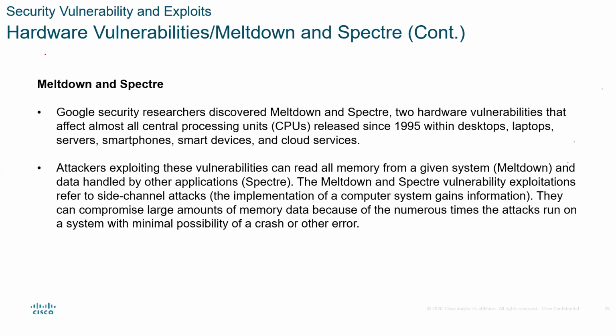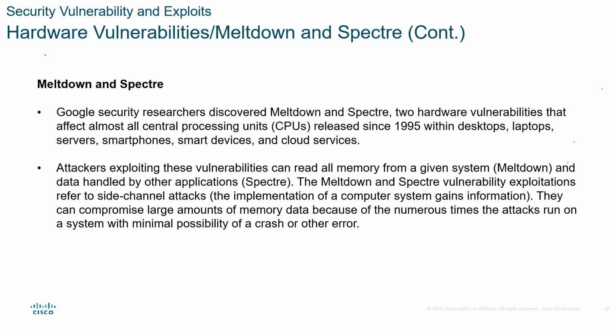Google's security researchers discovered Meltdown and Spectre, two hardware vulnerabilities that affect almost all CPUs released since 1995, whether it is desktops or laptops or servers or smartphones and things like that. So you see, that is a manufacturing hardware defect.